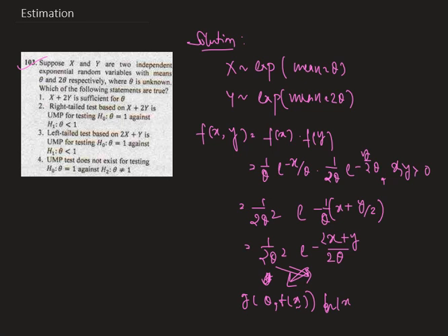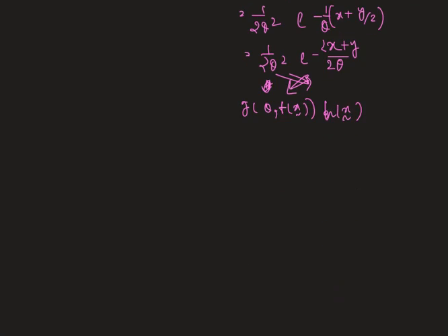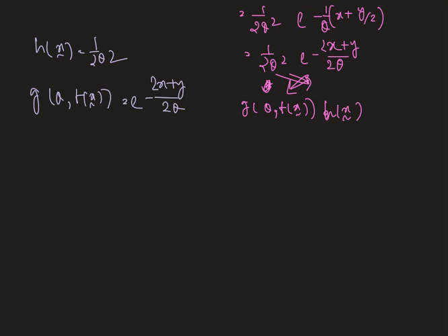Here h(x) is 1 by 2 theta square, and g theta of T(x) is e to the power minus (2x plus y) divided by 2 theta, where T(x) equals 2x plus y is our sufficient statistic.